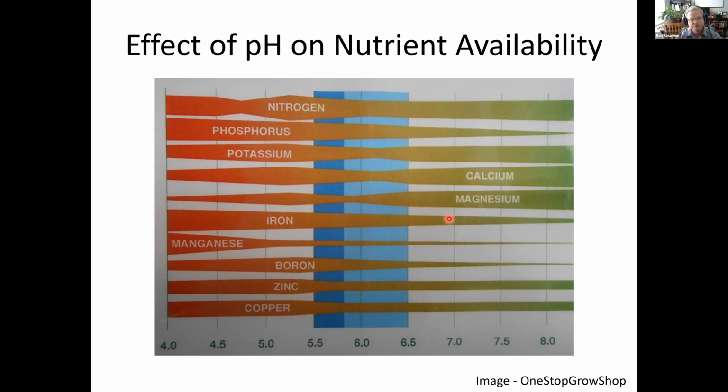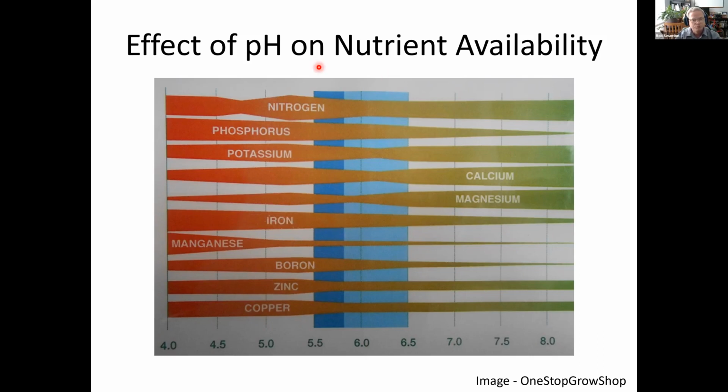But if we go in the other direction towards alkaline, as we approach 9 out here, iron becomes relatively unavailable. However, if we were to chemically measure how much iron is in the soil, it would be the same regardless of pH. The weight of Fe, iron, in the soil is going to be the same. However, because the pH changes, different amounts of it are going to be available to the plant material.